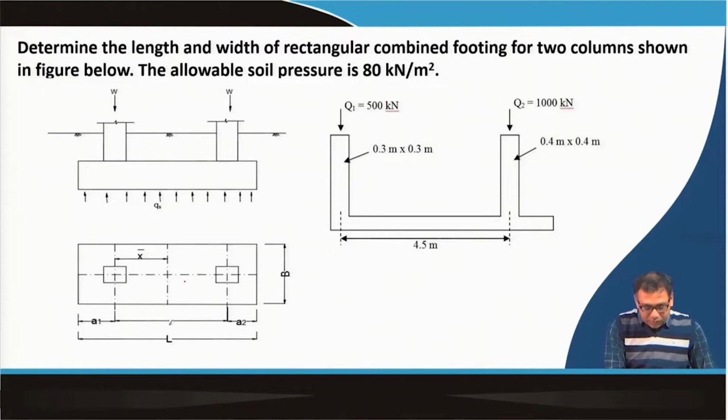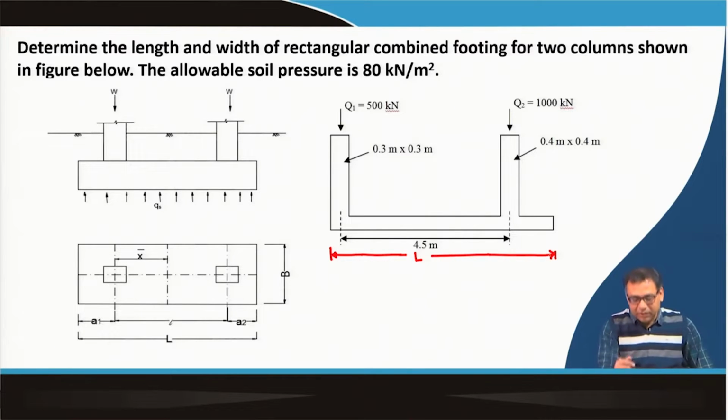But sometimes there is a case where one edge and the column are in the same line, where one column and the edge of the foundation are in the same line, but the other column is at a certain distance from the edge of the foundation. So, this is the total foundation width or length, you can say. This is the foundation length, and there is a width in the perpendicular direction.